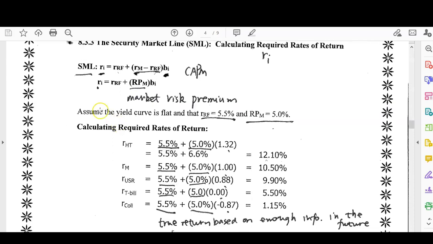Assume the yield curve is flat and that risk-free rates, Rrf, are the same, 5.5% for all the stocks in the market. And also market risk premium, RPM, which is market return minus risk-free rate, is constant, 5% for all the stocks in the market.